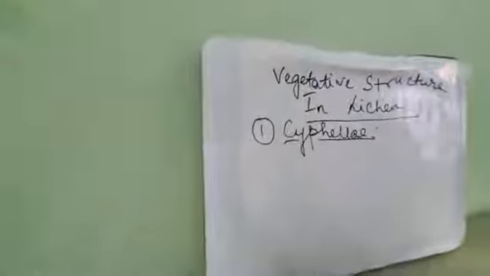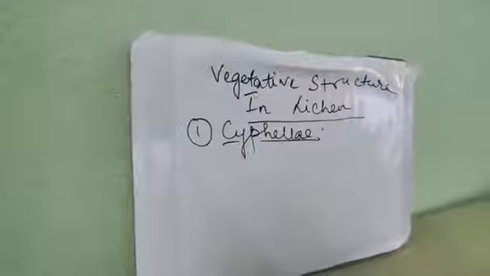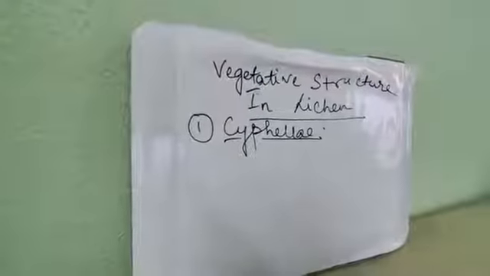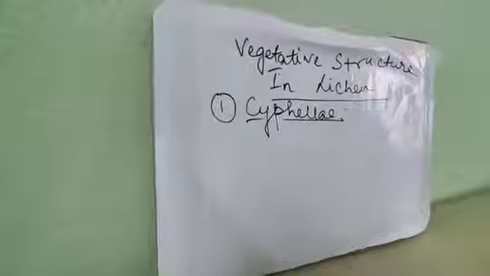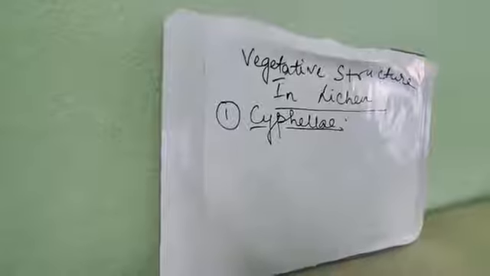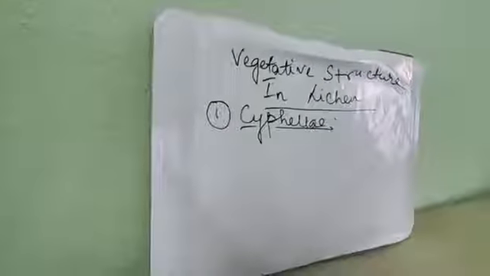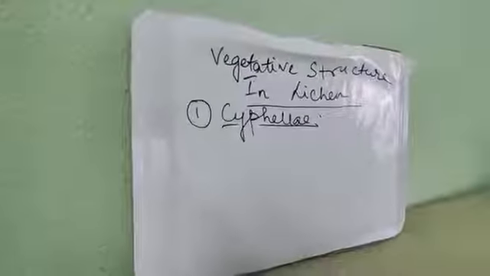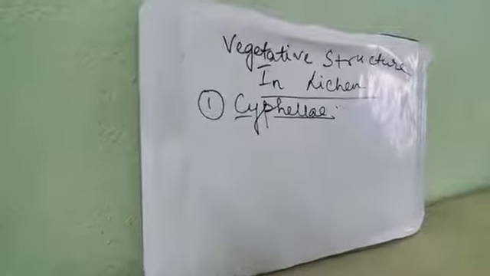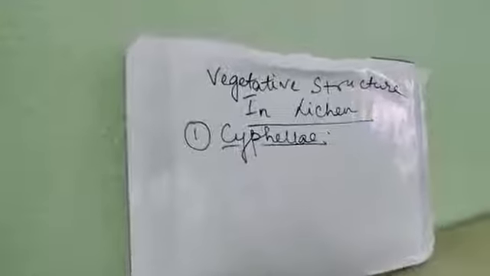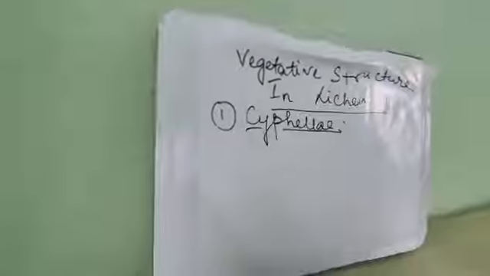It is a circular depression, or a circular groove, within the cortical region of the lichen. Its function is mainly gaseous exchange. It's a specialized structure made up of round cells and it is meant for gaseous exchange.